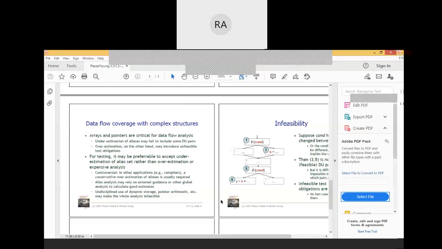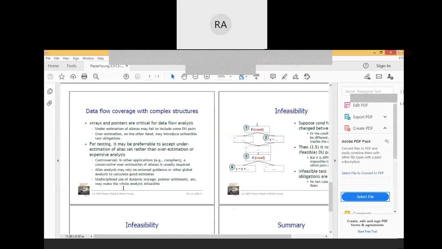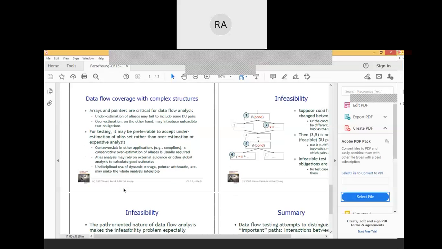Okay, for example, they also say that if you carry out data flow analysis on arrays and pointers, it is a little bit expensive. It is a little bit expensive because if you go for pointers, you always deal with dynamic memory allocation and pointer arithmetic.